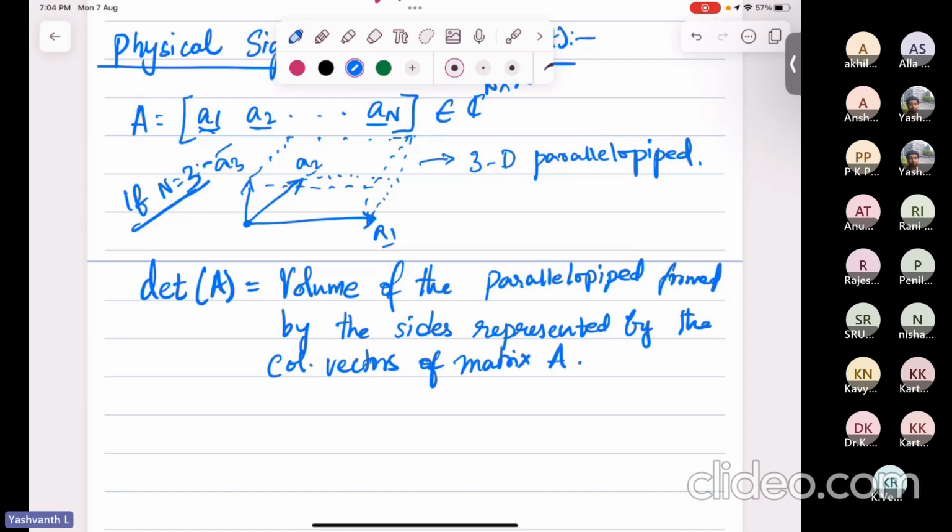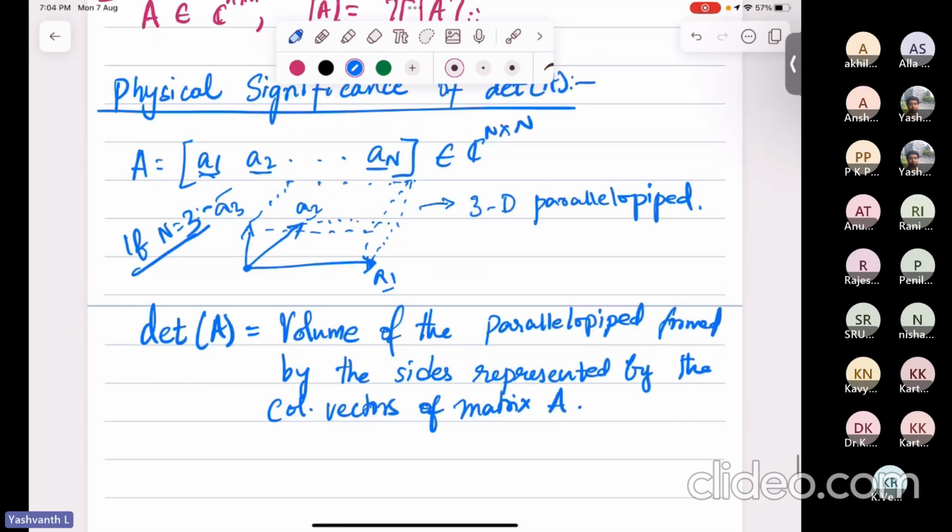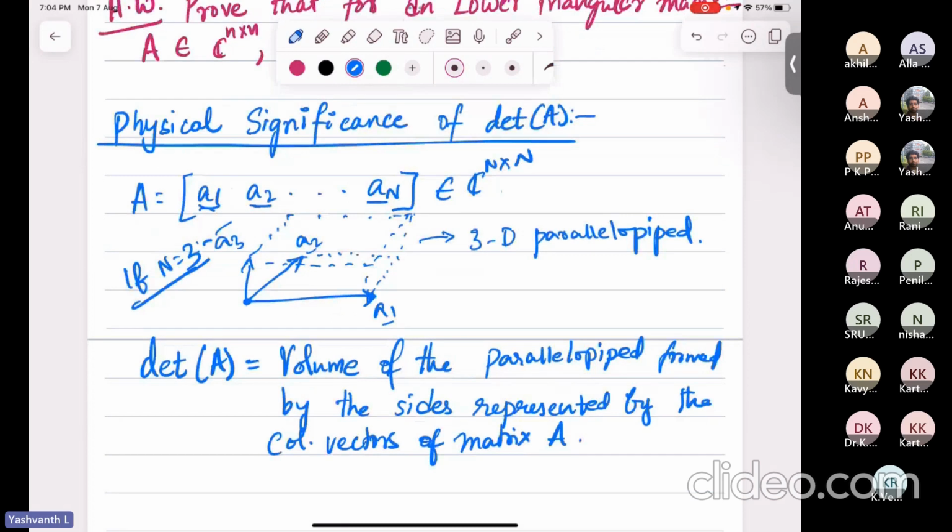Okay. So I think Mr. Anupam's query was this, and I just clarified. You can go and refer more about it. This is one of the physical significances.